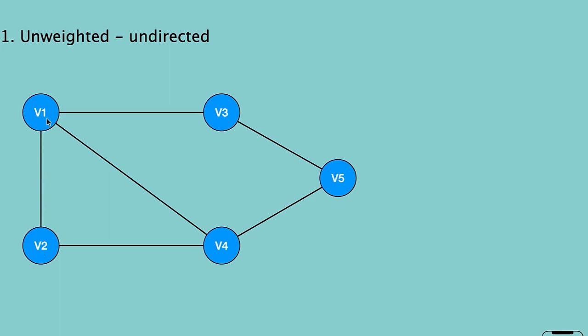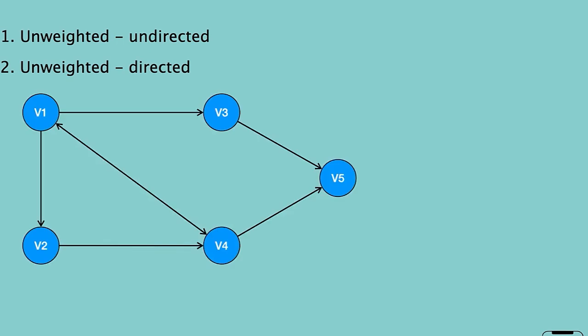And similarly, we can travel from V1 to V3 and we can come back from V3 to V1. So we don't have any direction that is associated with the edge over here. So if we don't have any direction, this is undirected, and it means that we have access for both ways. And if we don't have any direction and any weight that is associated with the edge, this is called unweighted and undirected graph.